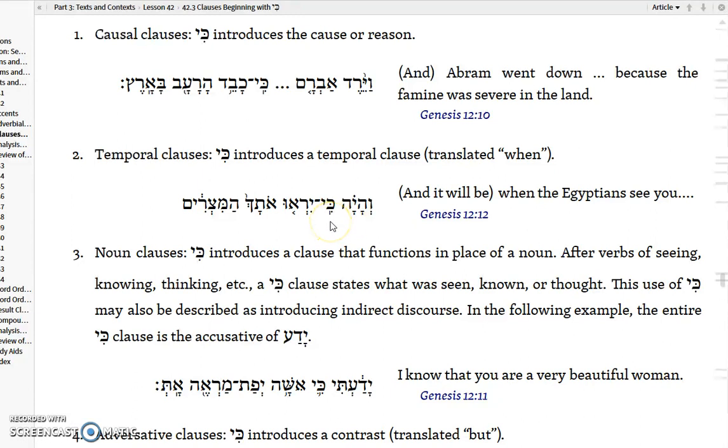When is contextually the best meaning here for ki. When, subject is Mitzrim, the Egyptians will see otach, you, referring to Sarai. When the Egyptians will see you, and then it will go on to have a further sentence. But in this case, ki is translated when.